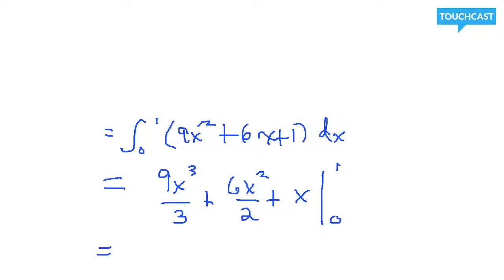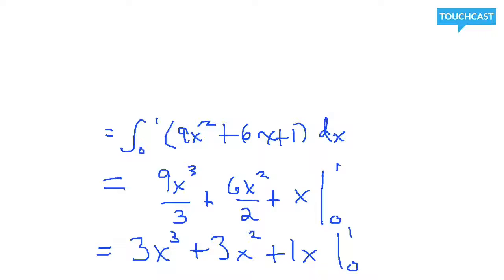Notice that I could simplify this polynomial first. You could have simplified it as you wrote it instead of leaving it like this: 3x cubed plus 3x squared plus 1x, evaluated from 0 to 1. I'm going to come up here just so I don't have to erase all of that.